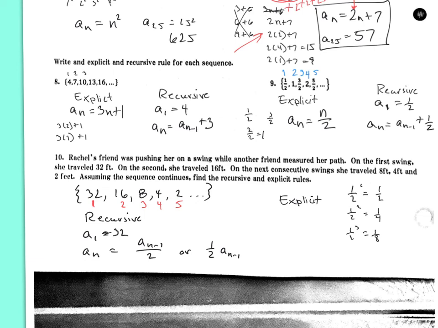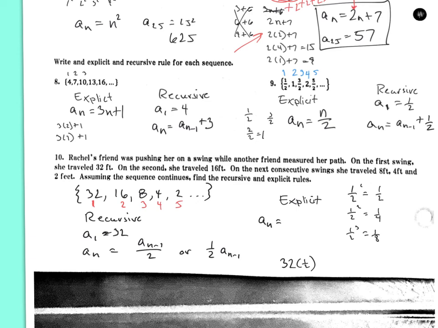So if we take 32, let's do some little calculations down here. 32 to get to 16, we'd multiply by 1/2. Well, here's my term number.